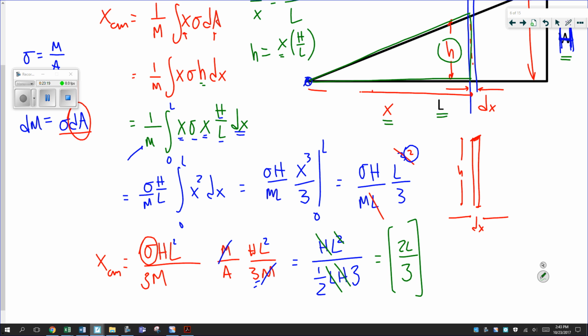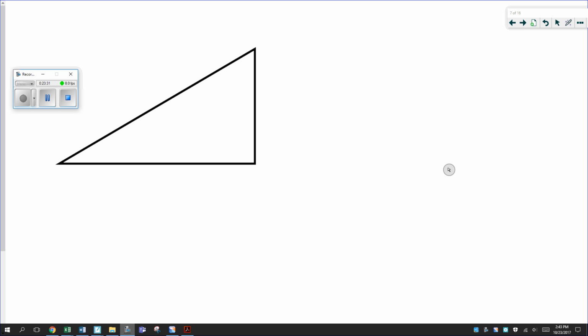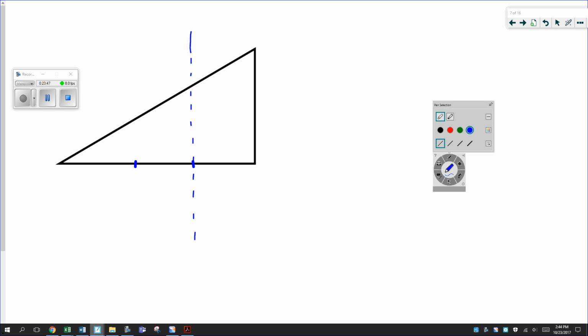So what's that mean? Well, now it isn't really symmetry, but it's maybe conceptual symmetry. This means that there is a center of mass 2/3 of the way along from the point along the x-axis. So from the point to the right angle, 2/3 of the way along. Well, guess what?